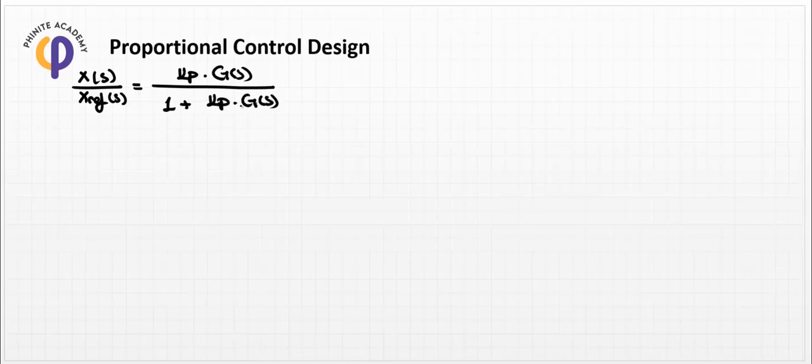In the previous lesson we obtained this form: X(s) divided by Xref(s) equals Kp times G(s) divided by 1 plus Kp times G(s).